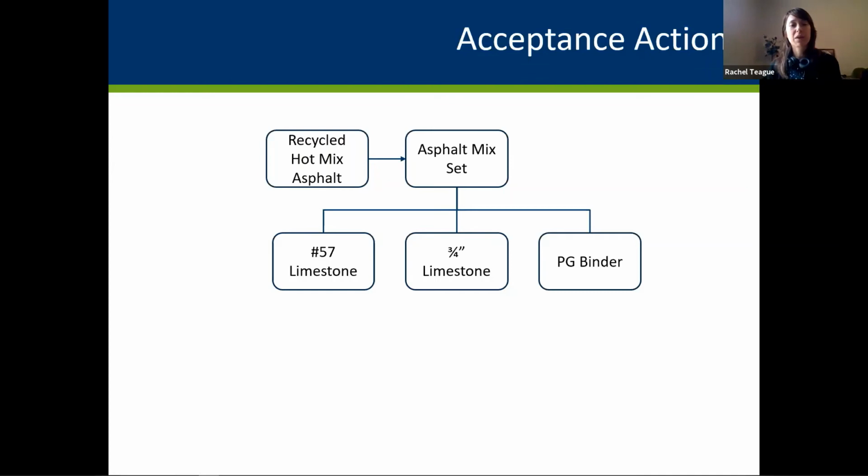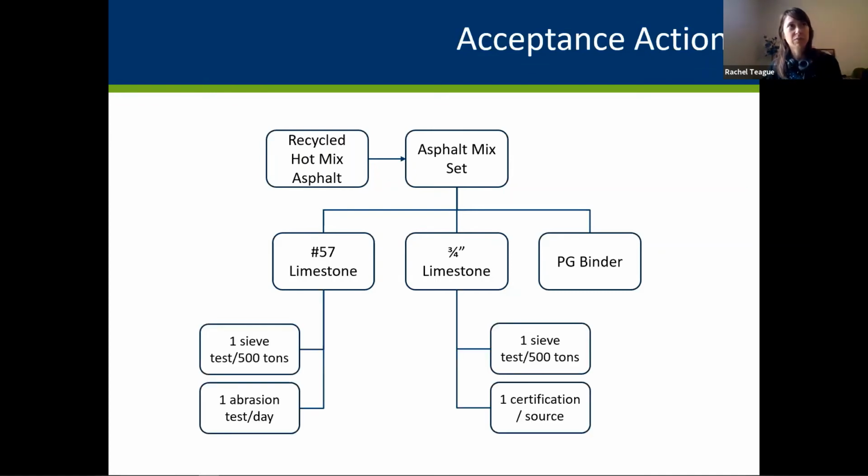When I generate my materials and acceptance requirements onto this contract for this item, my number 57 limestone gets the 1 sieve test per 500 tons, as does the 3/4 inch because it's coming from the material category, so they both get it. But my number 57 gets the abrasion test while my 3/4 inch gets the certification per source because those were set up at the specific material level.